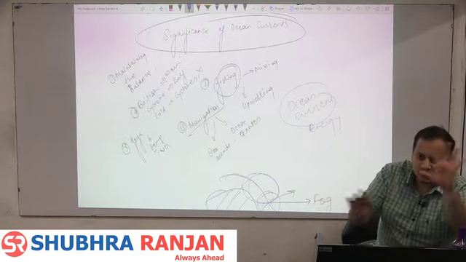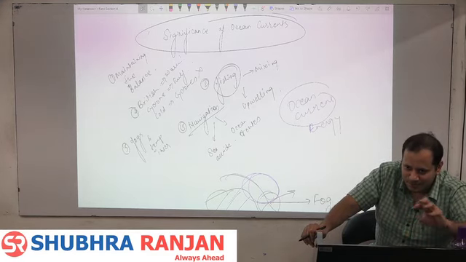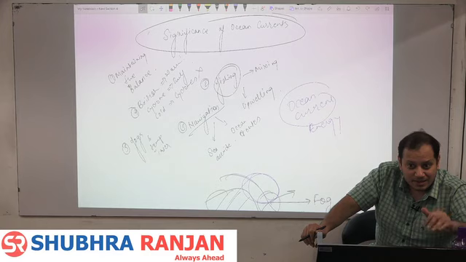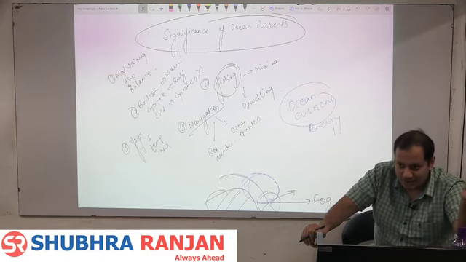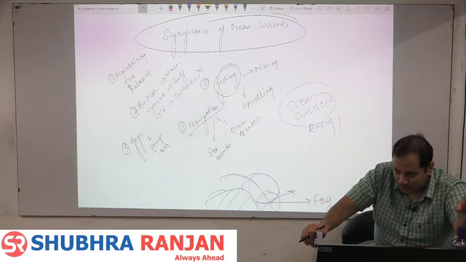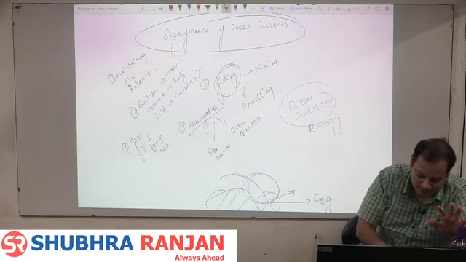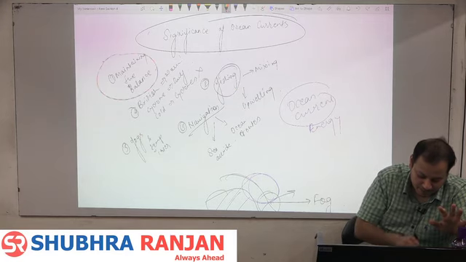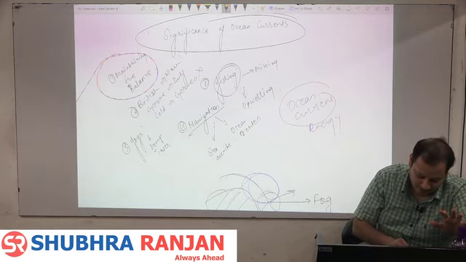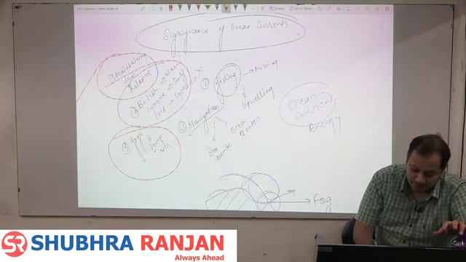Rather than searching anywhere, just pick up Savindra Singh, take points from Savindra Singh, make as many diagrams as you can, be as creative as you can, take as many recent examples as you can, and just divide your answer, see how I am dividing the answer. Weather, weather, weather. So significance of ocean currents on weather and climate.